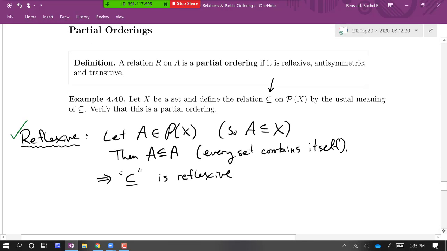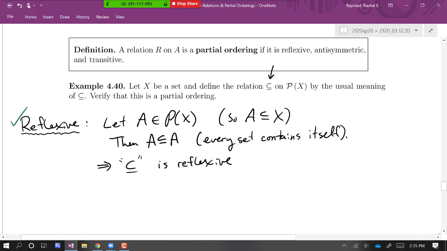The next property to check is anti-symmetry. To talk about symmetry, you need to grab two elements. To talk about anti-symmetry, you also need to grab two elements.